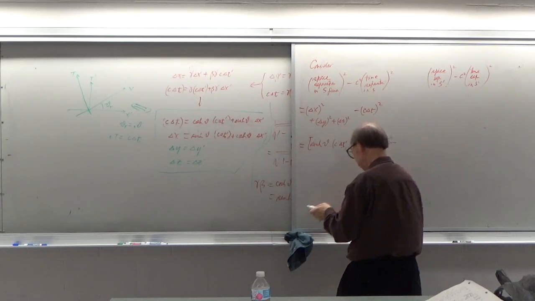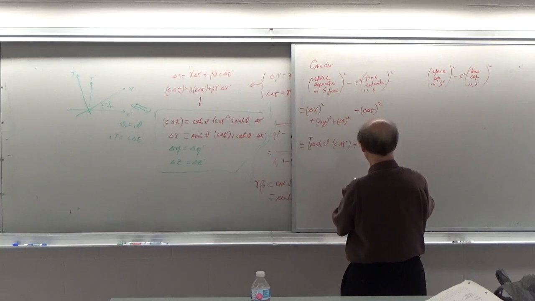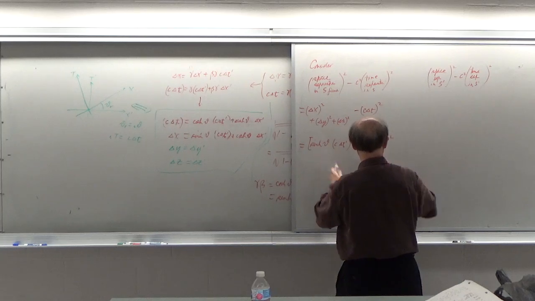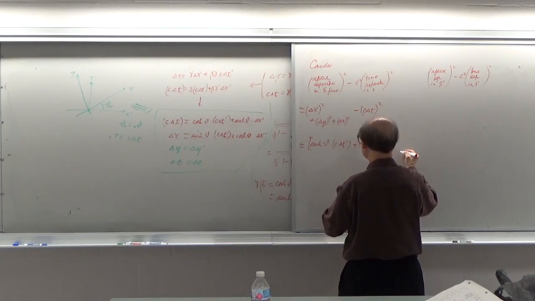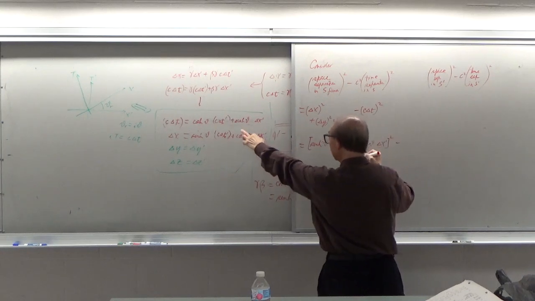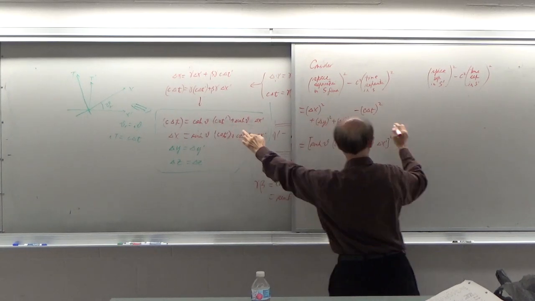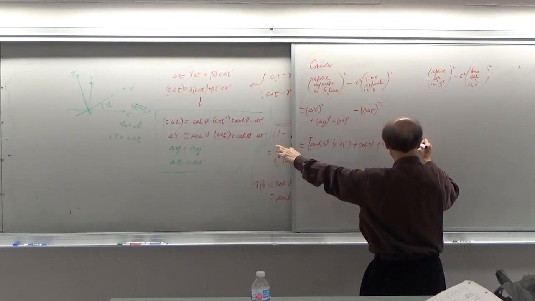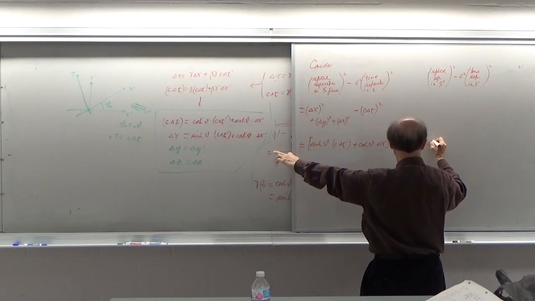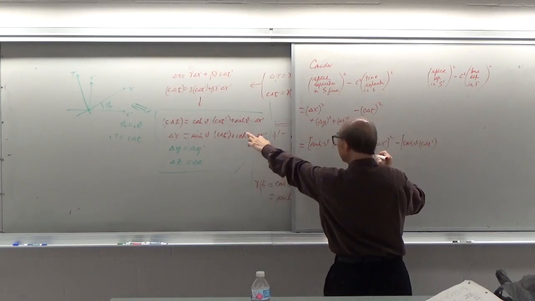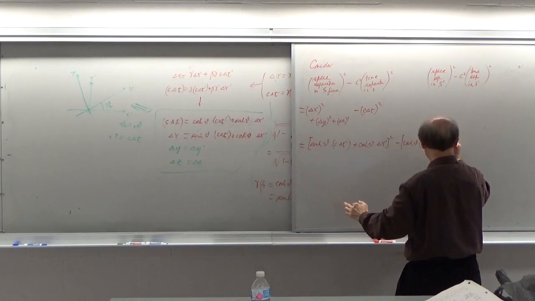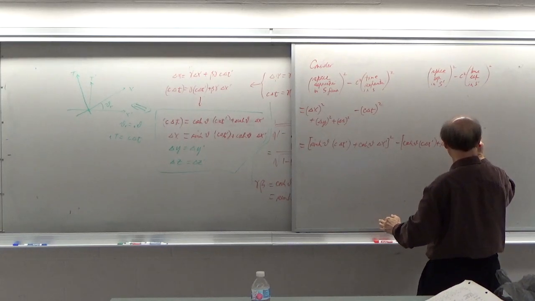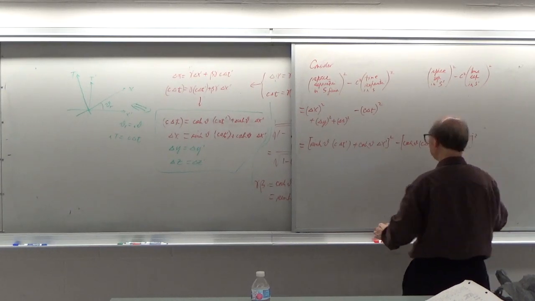Okay, this is a square bracket. Minus this is the square of cos theta c delta t prime plus sinh theta delta x prime, whole thing squared.